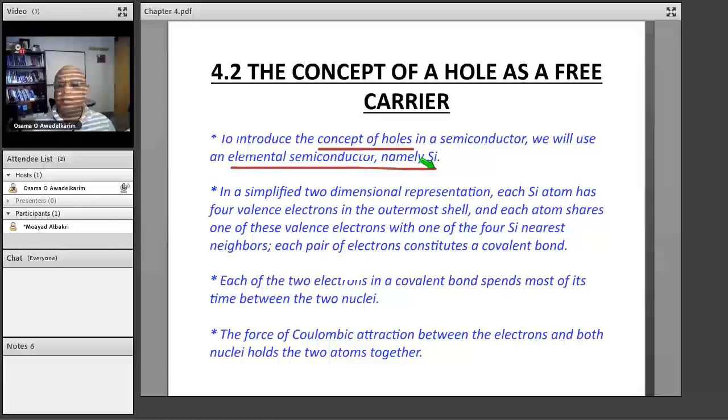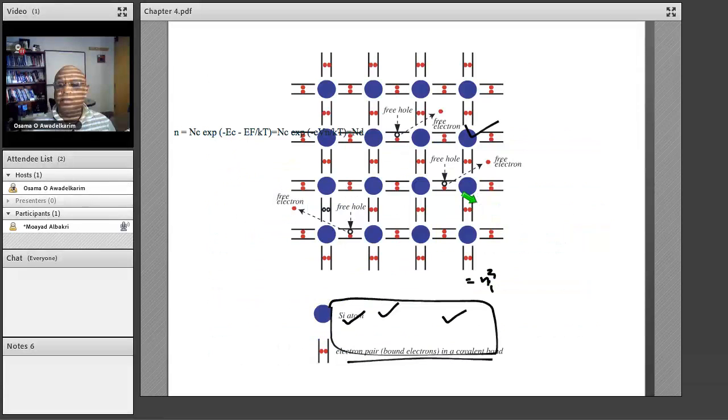And what I will do is look at a two-dimensional representation, a two-dimensional hypothetical silicon solid. Okay? We know that the solid is three-dimensional, but we're going to look at a hypothetical two-dimensional silicon solid.